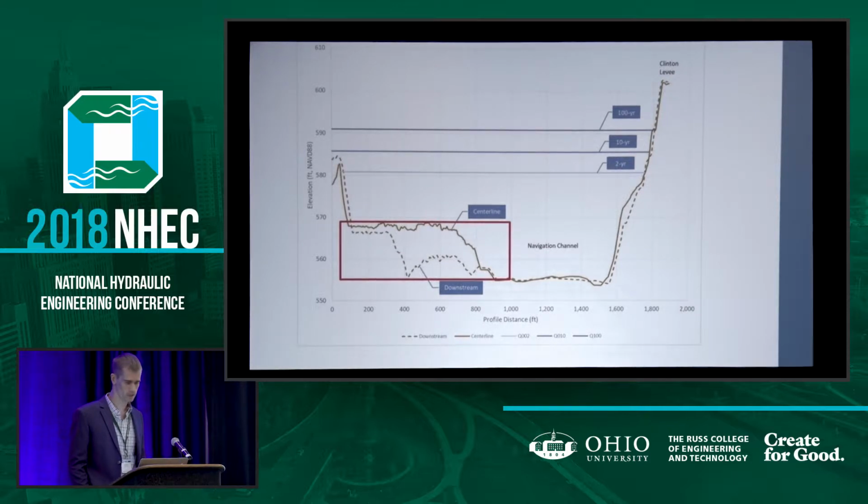You can see for the 100-year, the depth of flow compared to the height of the wing dam is about 3. It's closer to 2 for the 2-year event. Keep in mind, this is just looking at about half of the total floodplain, the main channel. There's also a secondary channel in this area.